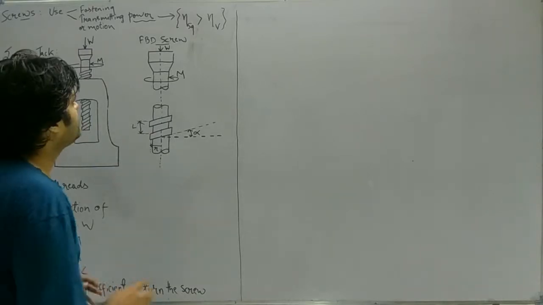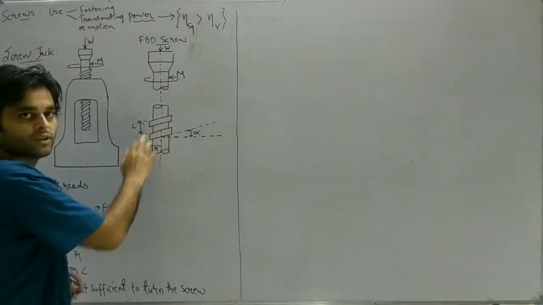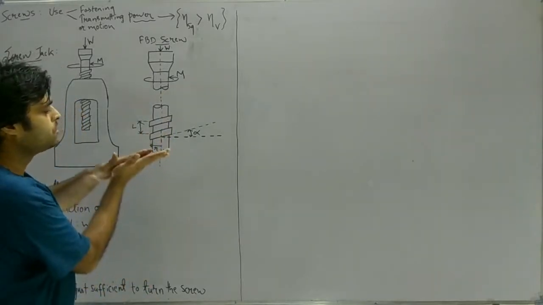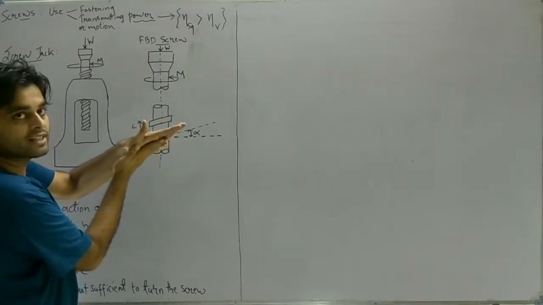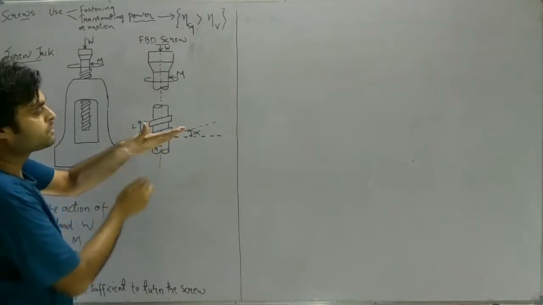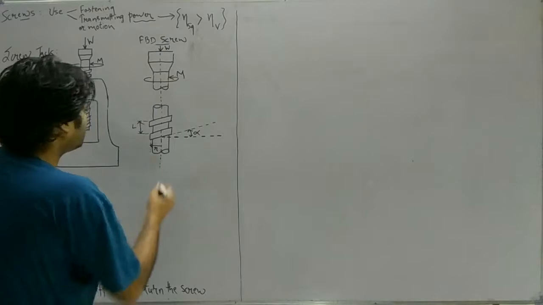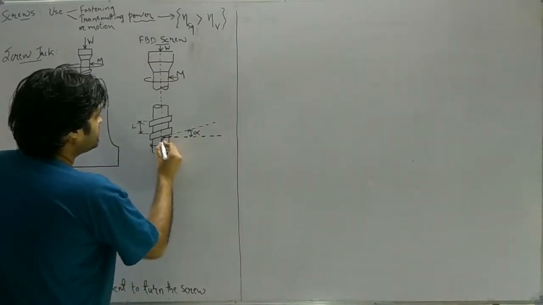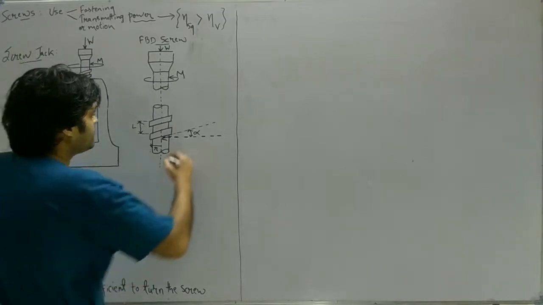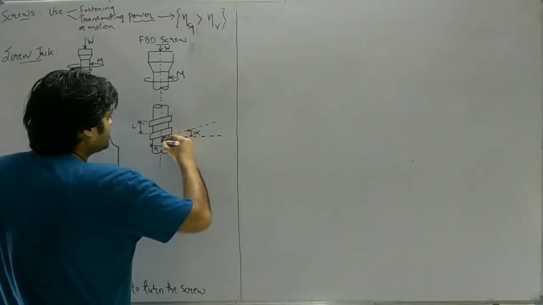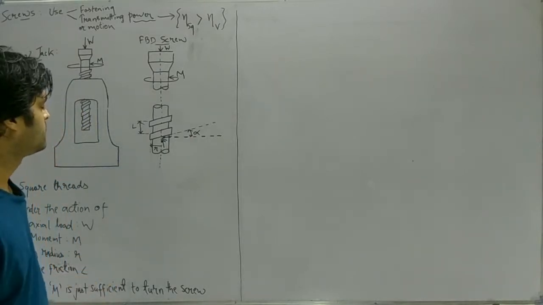We see here that this moment M is such that the threads on the screw are trying to climb up the threads on the frame of the screw like this. So they experience a frictional force in the backward direction like this. And we also have a normal reaction like this from the frame.